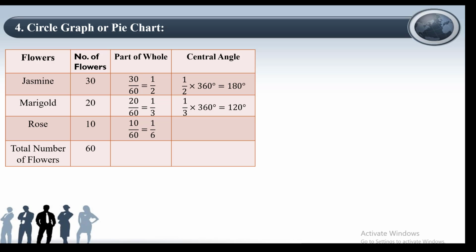And the portion of rose flowers with a central angle of 1 by 6 multiplied by 360 degrees is equal to 60 degrees. Here we have represented the data by various sectors of the circle. A presentation in which the data is represented by the sectors of a circle is called a pie chart.